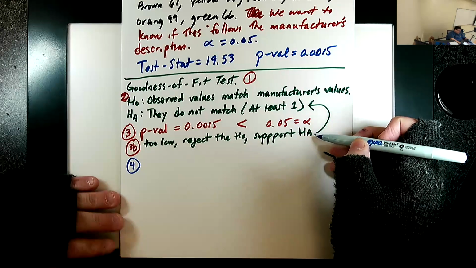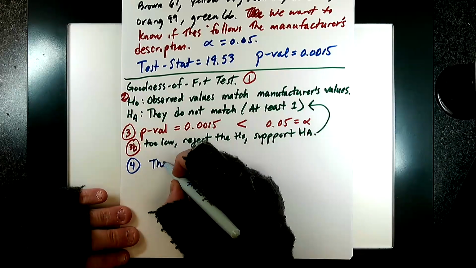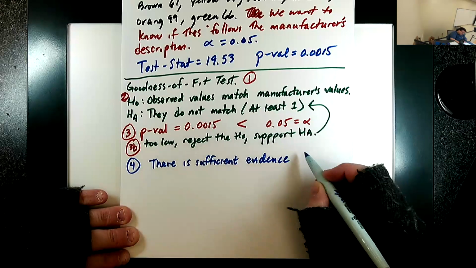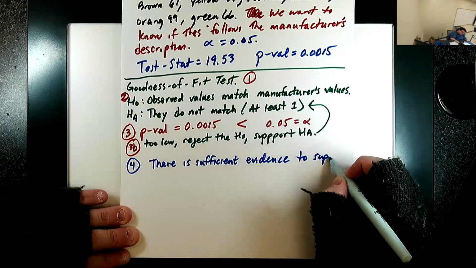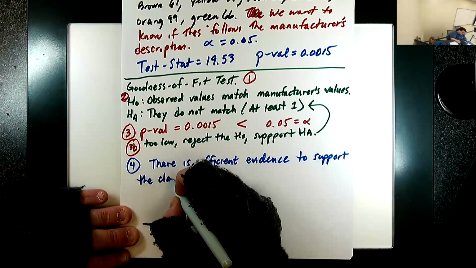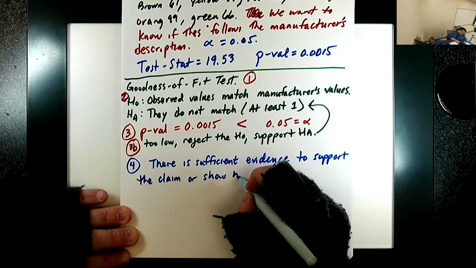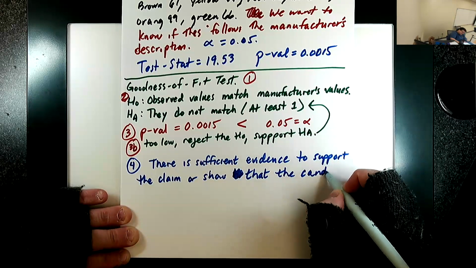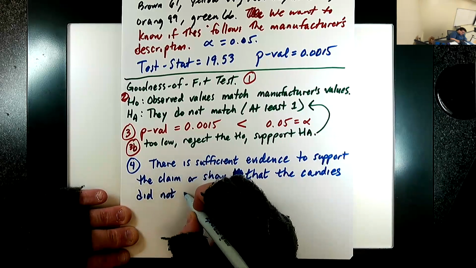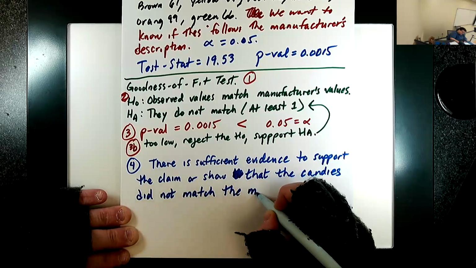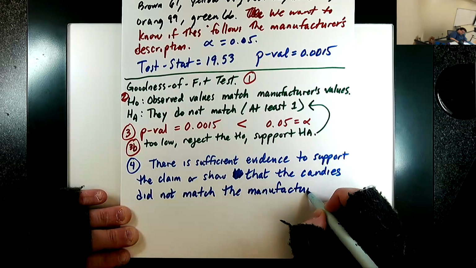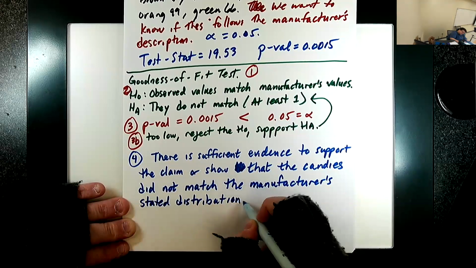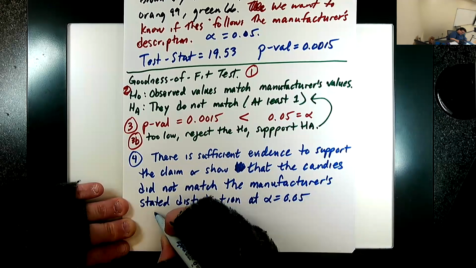And here we are supporting HA. There is sufficient evidence to support the claim or show that the candies did not match the manufacturer's distribution, stated distribution, at alpha equals 0.05 level of significance.